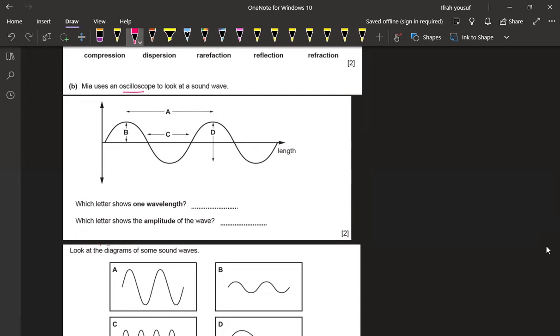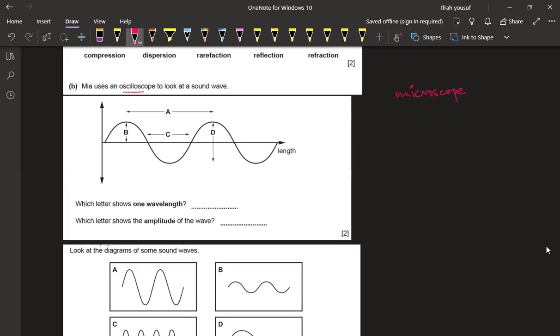As we know that a microscope is a device or instrument that is used to observe the microorganisms, similarly, an oscilloscope is the device or instrument that can be used to observe the oscillations. Oscillations means the waves or vibrations.